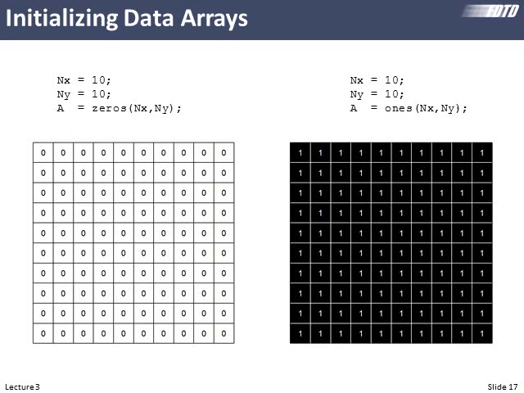Usually I start off initializing to zeros. It's rare I would initialize to ones. What I normally do is make everything zeros, put ones where I want a material to be, and then once I build all that, at the very end I convert that over to real material properties like refractive index or dielectric constant in one easy line of code that I'll show you at the end of this lecture.